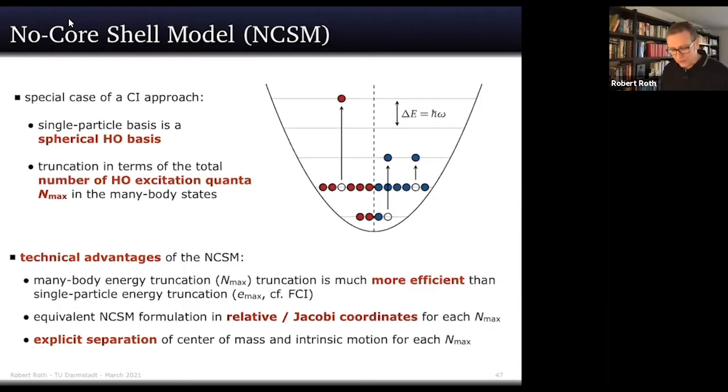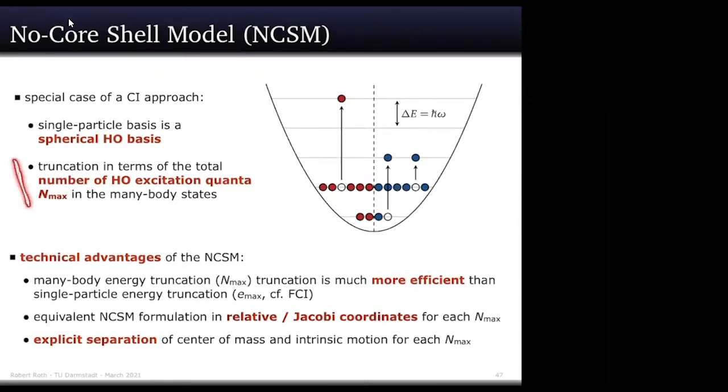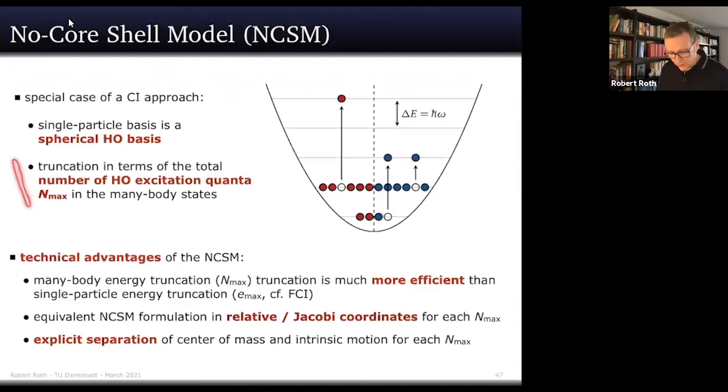The no-core shell model is defined by two key elements. First of all, you use a spherical harmonic oscillator basis as a single particle basis from which you build Slater determinants, and you truncate this infinite set of Slater determinants with respect to the harmonic oscillator excitation quantum number, which we call Nmax.